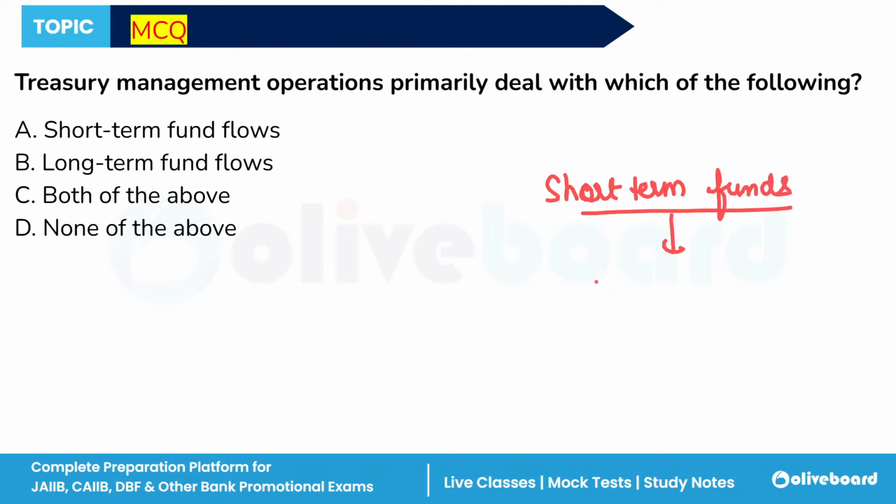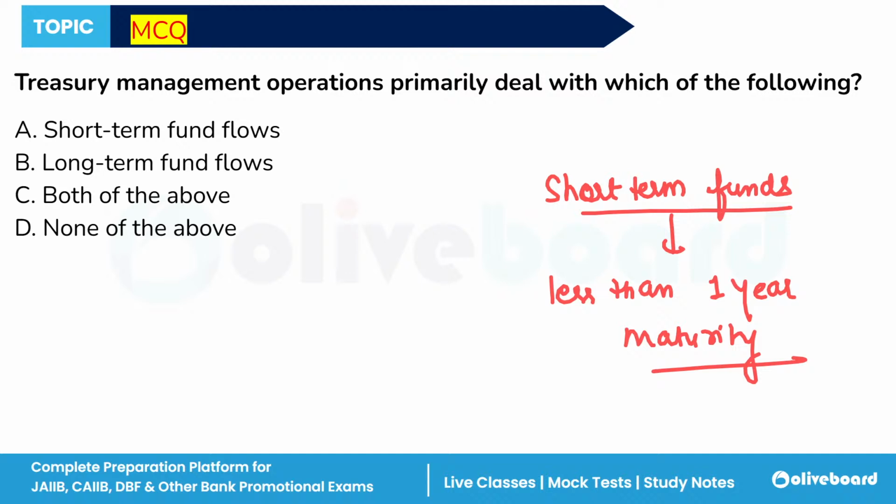Short-term funds means less than 1 year maturity, with the exception that, as part of the SLR requirement, investment in some securities is held to maturity exceeding 1 year. So option A is correct.